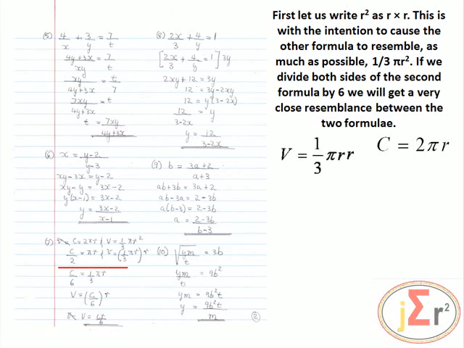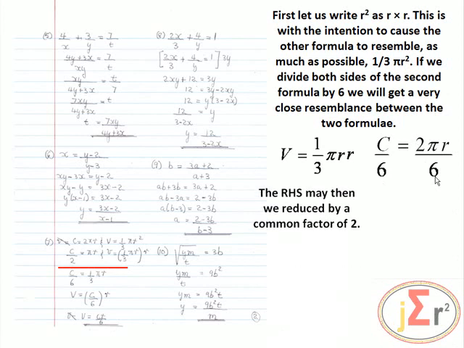Minor adjustment. In the other one, what do we do? Divide each side by 6. So by so doing, we will have a reduction by 2 right here. So reduce by a common factor of 2. Reduce the right hand side of this equation.